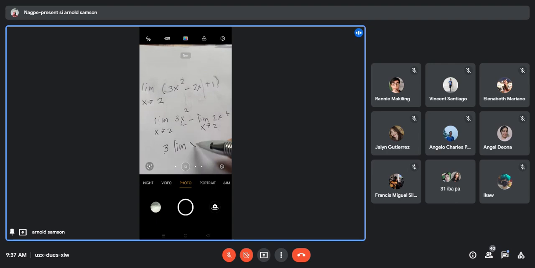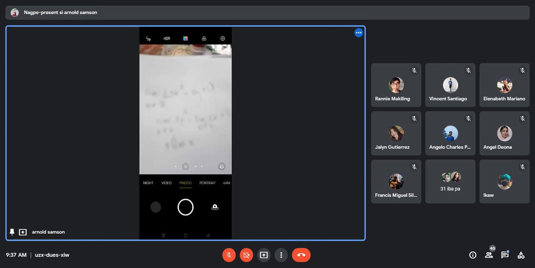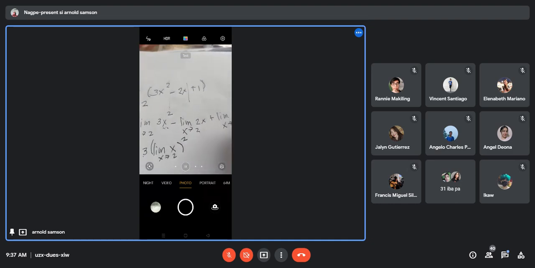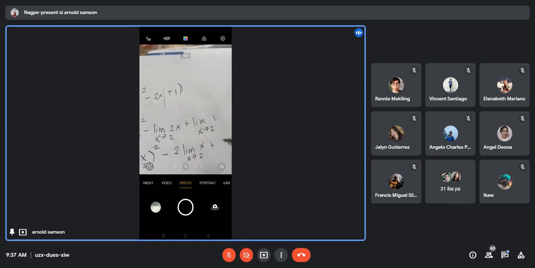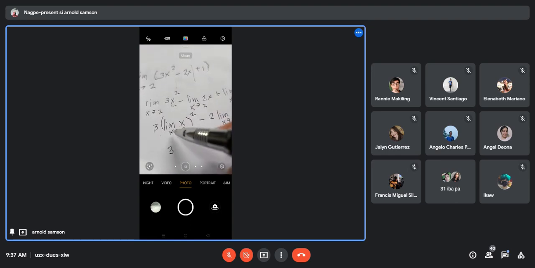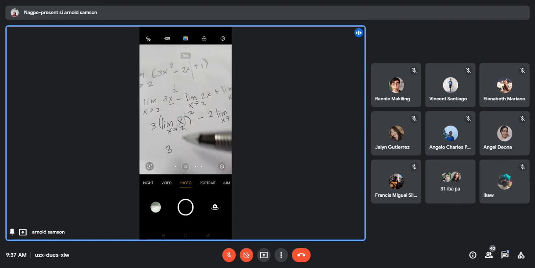That means the limit of x, raised to 2, when x approaches 2, minus 2 times the limit of x when x approaches 2, and then plus the limit of 1. Now, following the rule, we substitute 2 for x, then square it.